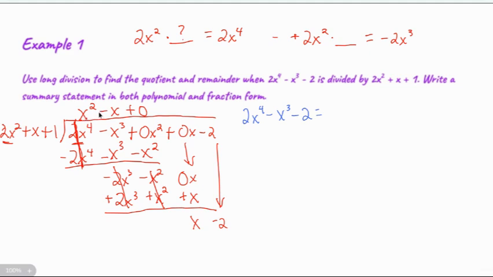Equals, here is one of the terms, x squared minus x, and then times this thing, 2x squared plus x plus 1. And then our remainder was x minus 2. So I'm going to write plus, I still will put it in parentheses just to keep consistent, x minus 2. That's polynomial form.